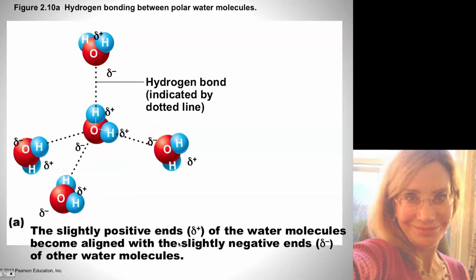And you can see that the slightly positive ends, the delta positive ends of the water molecules, are going to become aligned with the slightly negative ends of other water molecules.